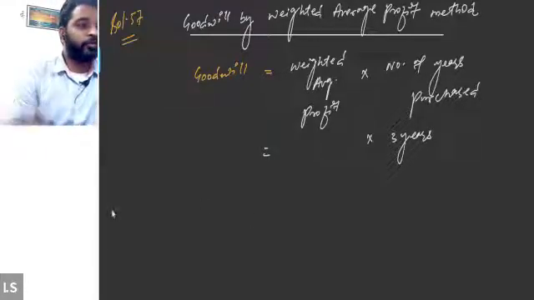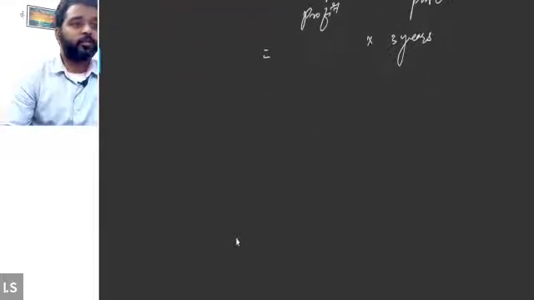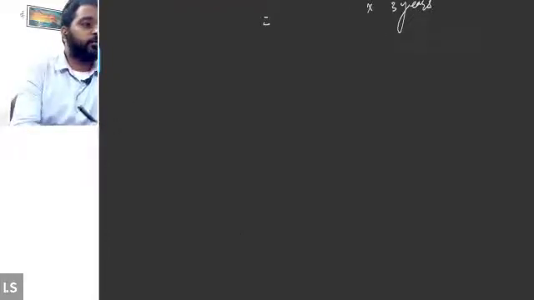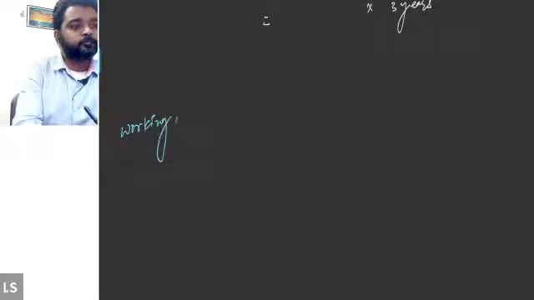And I already told you, for the purpose of calculating the weighted average for different years, we will have to prepare a working note. So I'm making a working note. For what purpose?